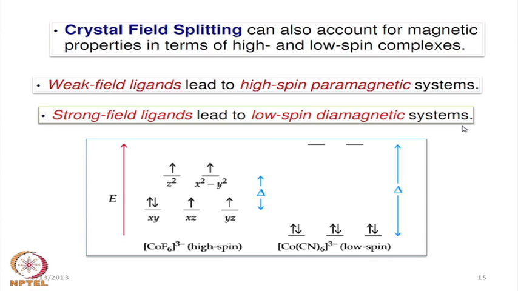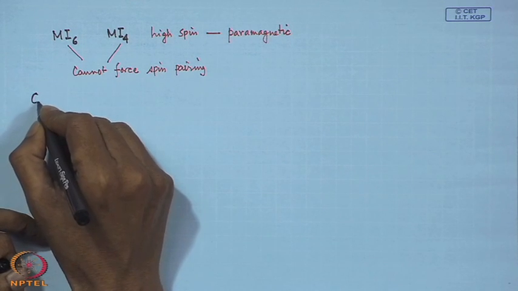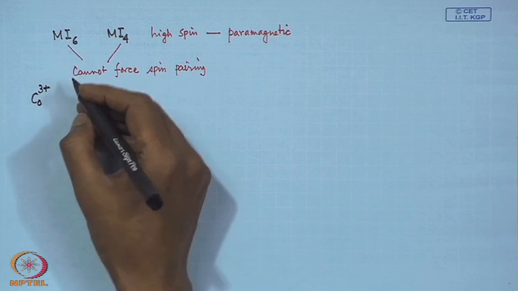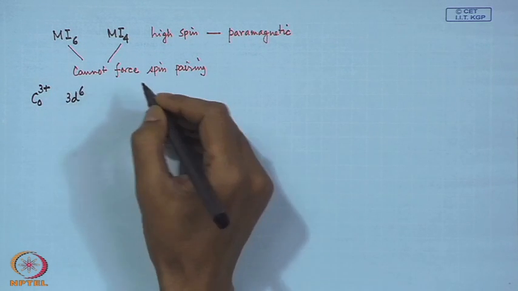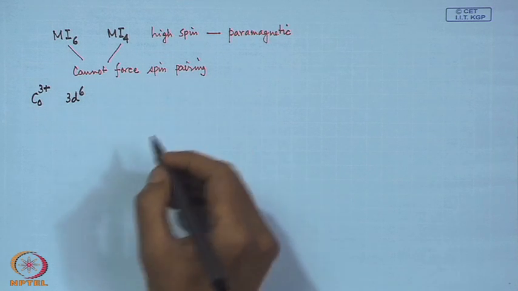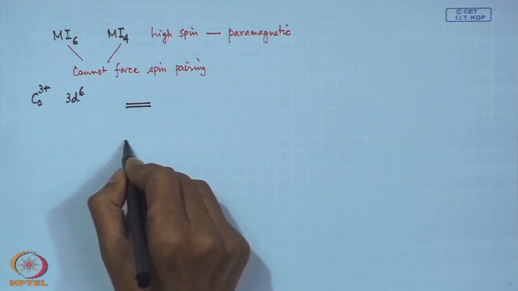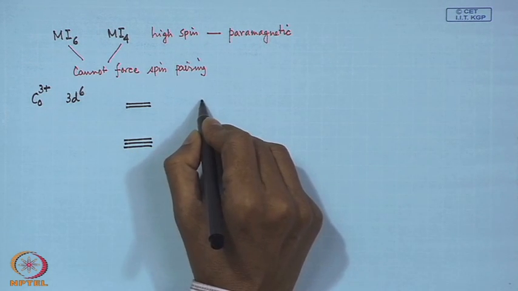So, in this situation we have cobalt 3, the trivalent cobalt, which is a 3d6 situation, and we can have the levels T2G and EG.